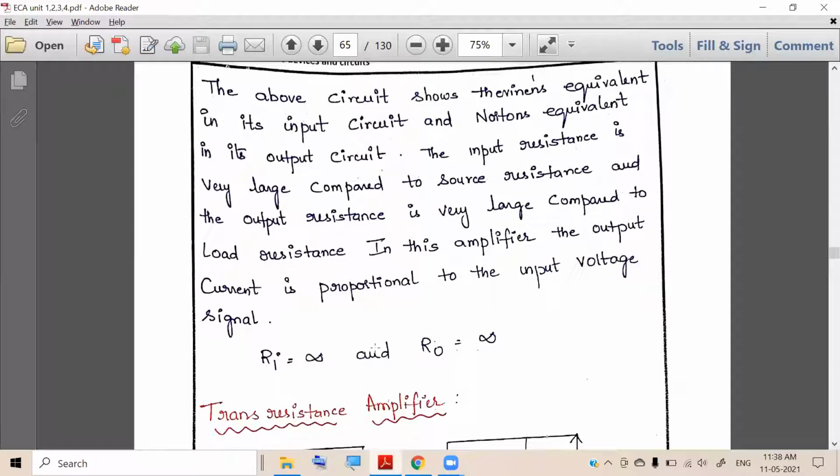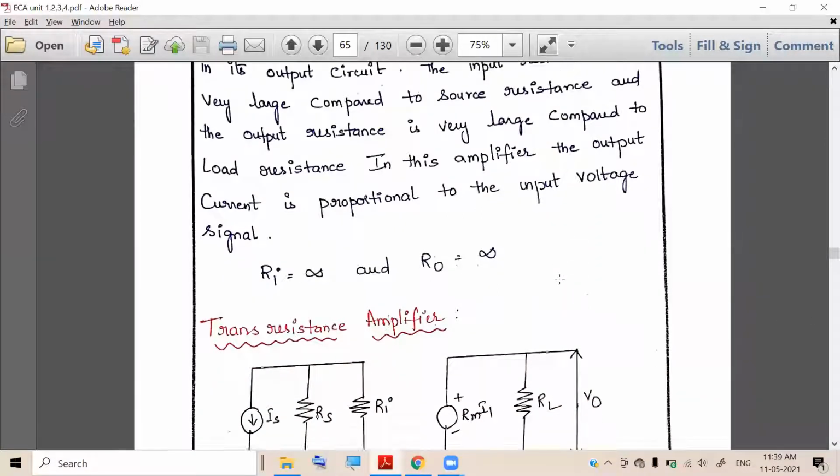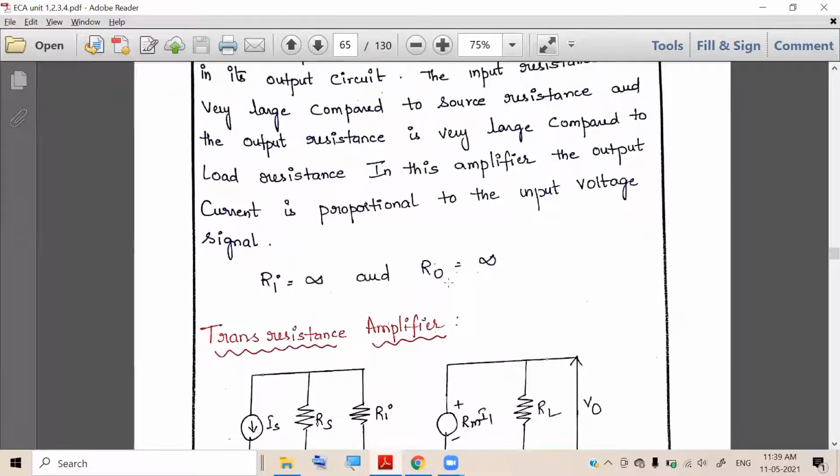Whenever we are talking about an amplifier, it is output by input. Voltage divided by current gives resistance. So now tell me, very easy question, what is the input and what is the output for a transresistance amplifier?